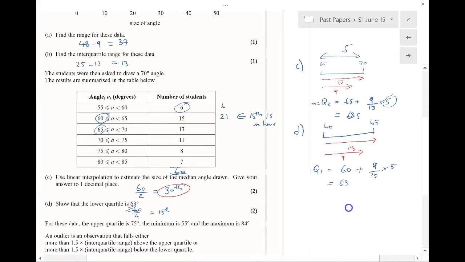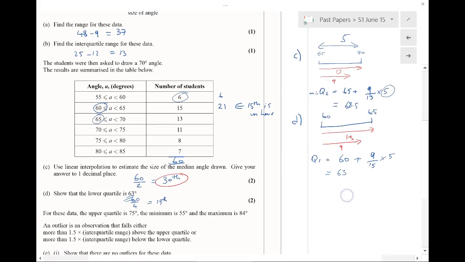Okay, so then it gives us some more information. It says the upper quartile is 75. That's just so that we don't have to do that calculation again. It's a bit unusual for them to do us twice, so they're not going to ask you a third time. So Q3 is 75, and they got the minimum is 55, and the maximum is 84.